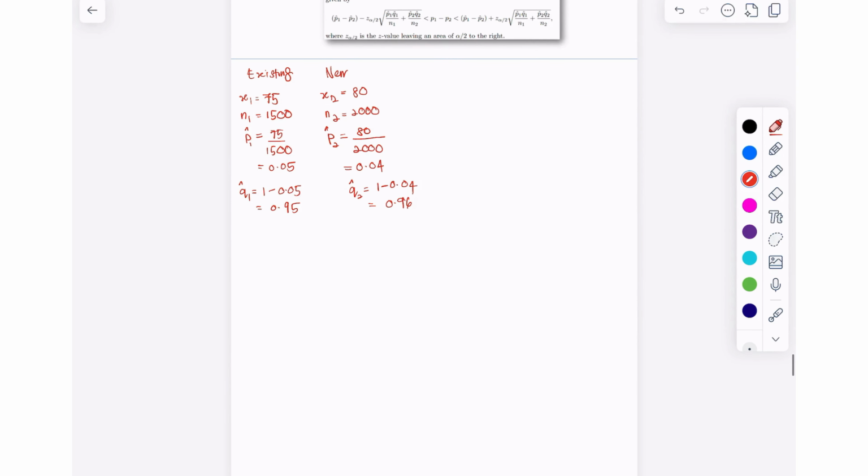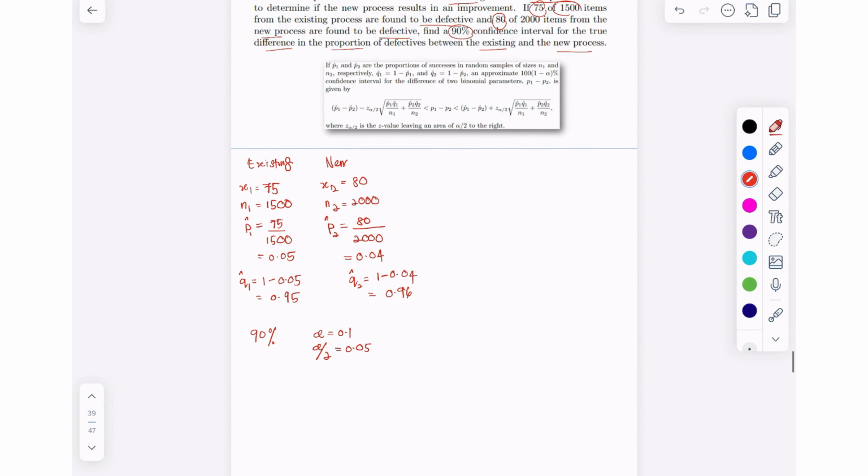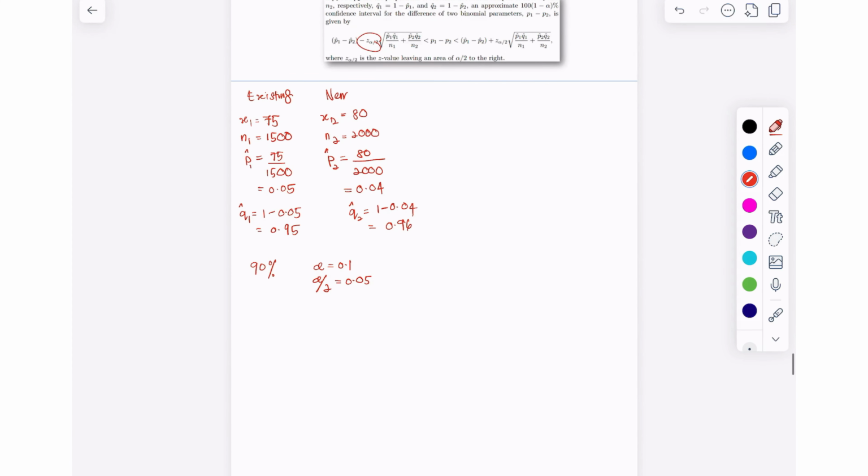Okay, and then you want to find the 90% confidence interval, which means alpha is 0.1 and alpha over 2 is 0.05. So the critical point involved is Z alpha over 2, which is Z 0.05. If we illustrate, to find the point for Z 0.05, since it is a Z table, to make things easier, we find from the negative side.